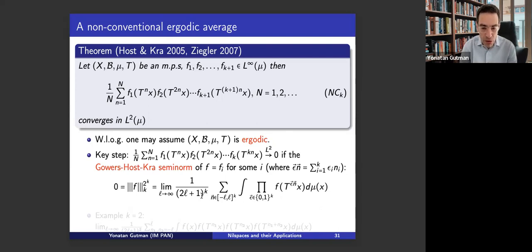We started by seeing the definition by Gowers in the context of finite groups. Then we saw a definition by Szegedy in the context of non-standard analysis. Of course, Szegedy was inspired by the work of Host and Kra, where it was proven before that this expression which appears here is a seminorm.